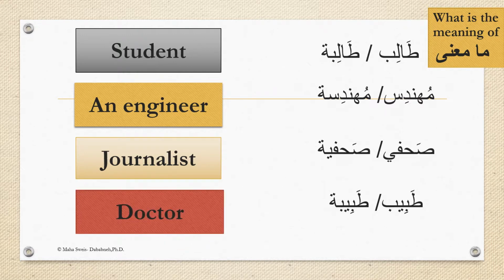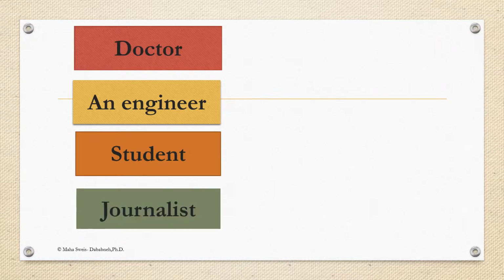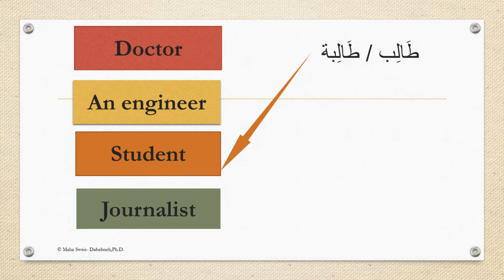I will redo the same one, but it's your turn now. Here's the word. Match it with the correct answer. طالب طالبة. The answer is good. Next, I'll give you 3 seconds for each one. We have مهندس مهندسة.